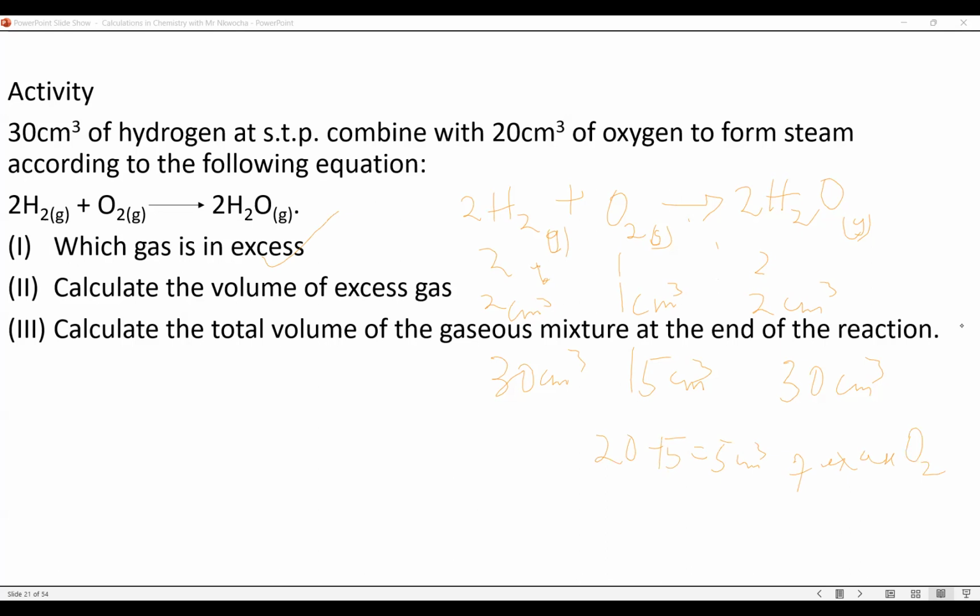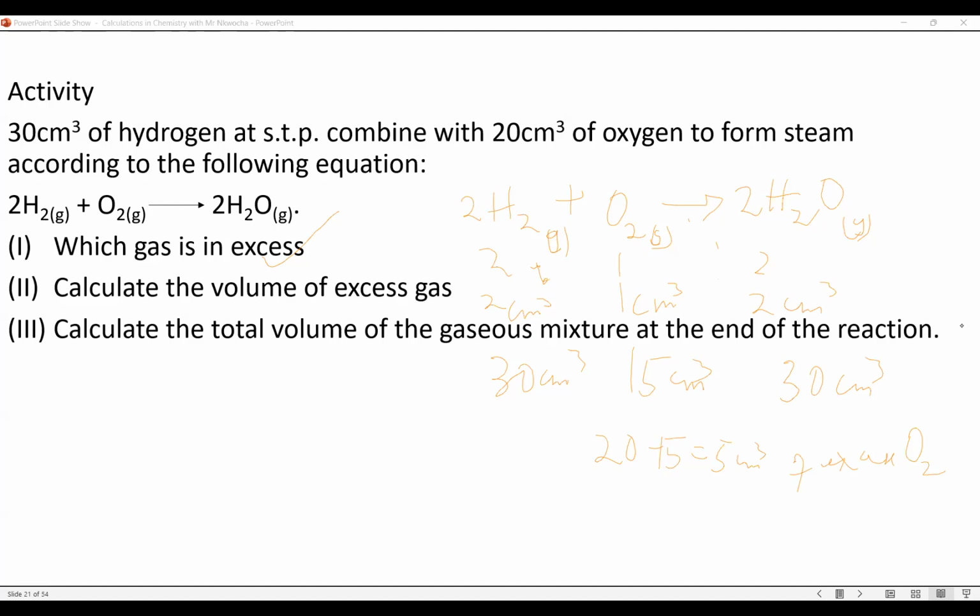So the question is, what is the total volume of the gaseous mixture at the end of the reaction? How do we do that? That was easy. At the end of the reaction, we will have used up all the hydrogen, because 30 of them will react with 15 of the oxygen completely. They will now form 30 of water.